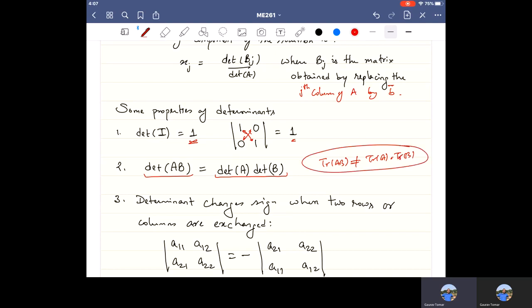You can show that. But in the determinant case, the determinant of AB is the determinant of A into the determinant of B. On the other hand, trace of A plus B is equal to trace of A plus trace of B. That's an obvious equation you can write. But here, as you will see, the determinant of A plus B is not equal to the determinant of A plus the determinant of B. That is not true, right?